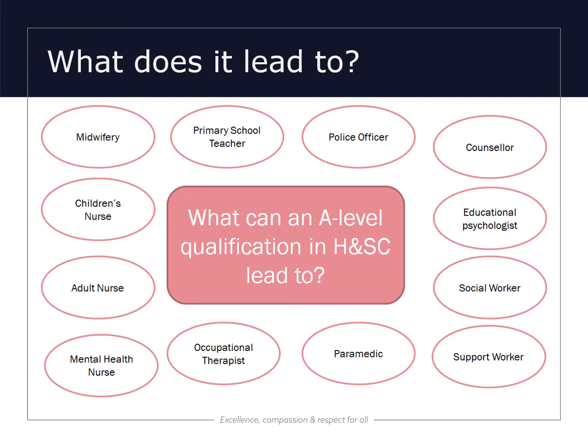You've got many medical aspects into paramedic work, into midwifery, and some of our students would like to go on and study to be a primary school teacher and work with early years organisations or establishments, or go down a social care route with social work, support work, or occupational therapy. It's diverse, so it gives you many options, keeps many doors open if this is a field that you're particularly interested in.